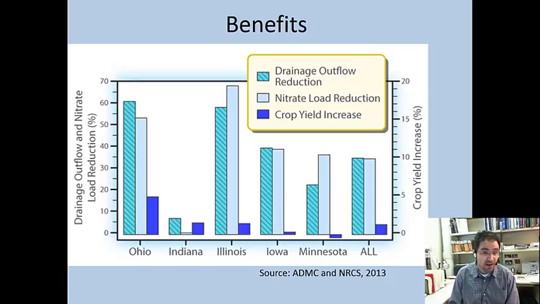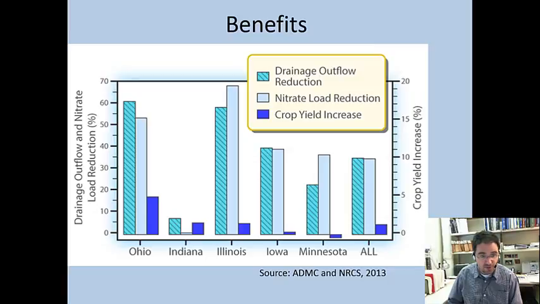Now, as we look at crop yield increases, really we see maybe little overall benefit from the studies conducted so far in these states. We see maybe a high of about 4% here.